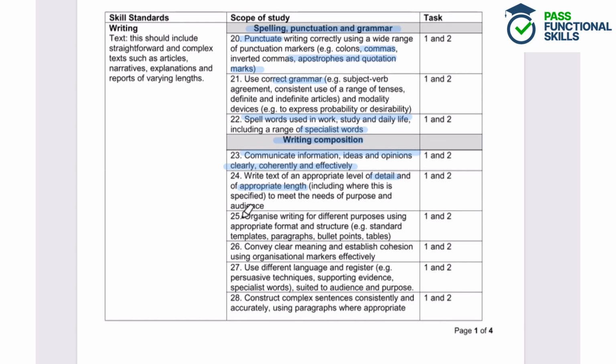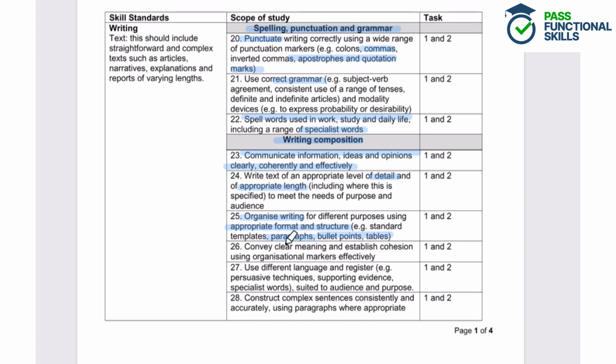We also need to organise our writing using an appropriate format and structure. So depending on the text type, we need to be including the right kinds of formatting features that are required. We also need to try to use paragraphs in all of our answers, and we can include things like bullet points and tables if they are necessary.